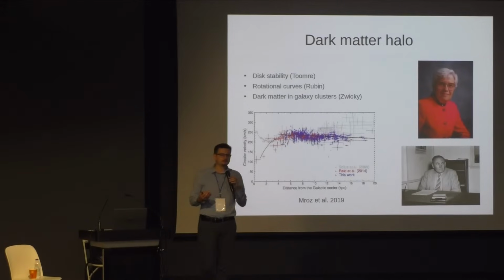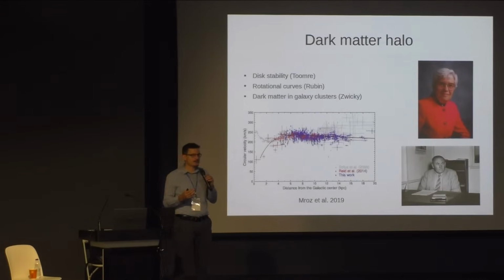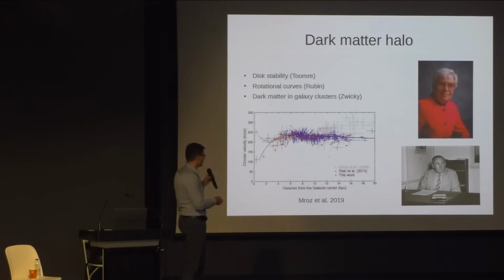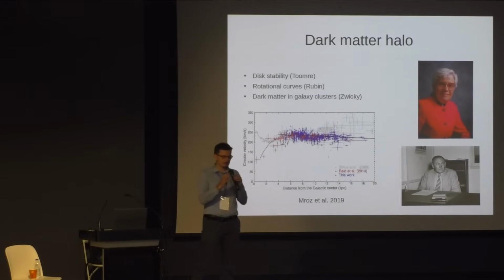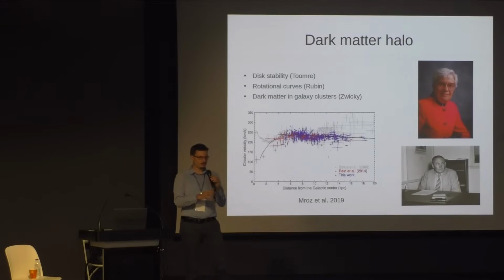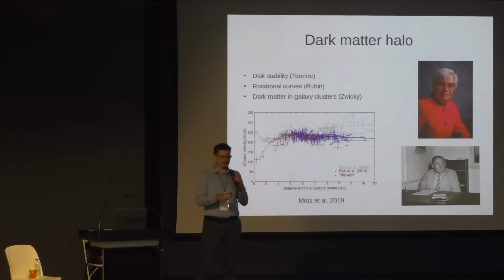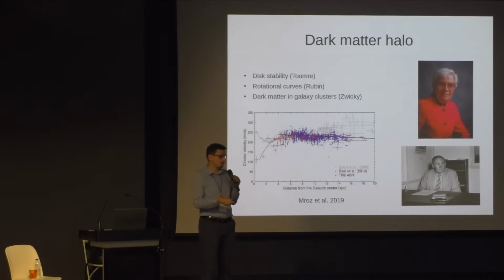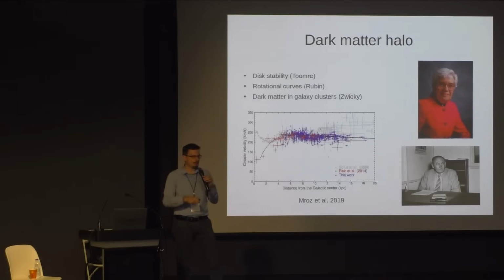You can do a very simple exercise, or maybe you already did, to calculate the circular velocity at some radius. You equate the gravitational force and the centrifugal force, and then derive the expression for the circular velocity: the square root of G times M over r.